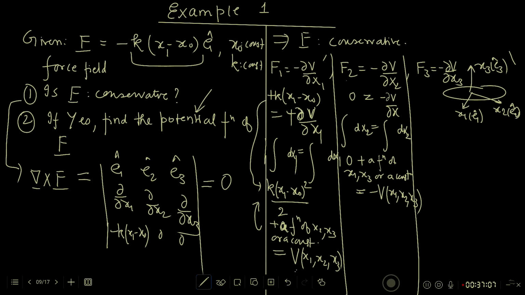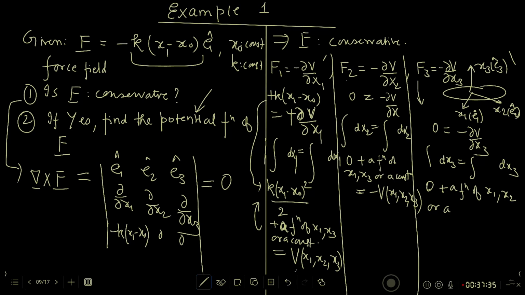Let's come to this. F3 is 0. Integrate this time with respect to x3. You get 0, plus a function of x1 or x2 or a constant, equals minus v times x1, x2, x3.